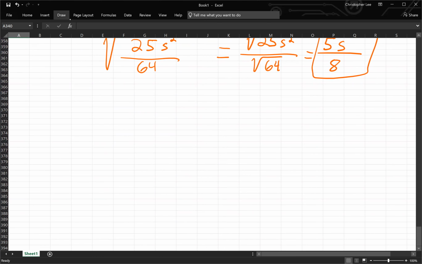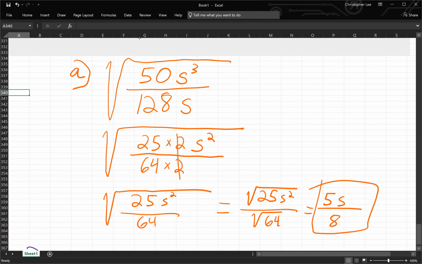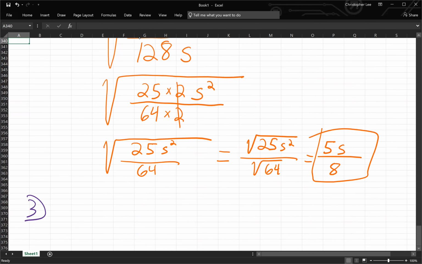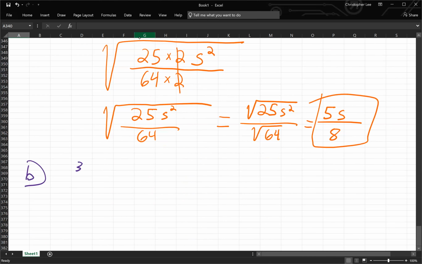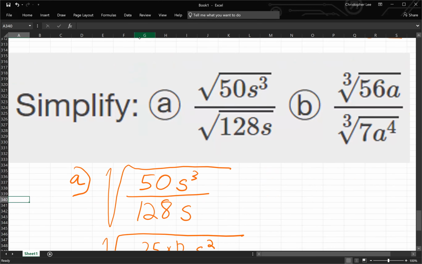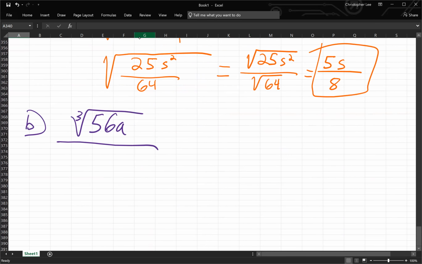So I'm gonna do this in purple. So for 3, right? I mean B. What am I saying, 3? I just learned my alphabet yesterday. So we want the cube root of 56a divided by the cube root of 7a to the 4th.